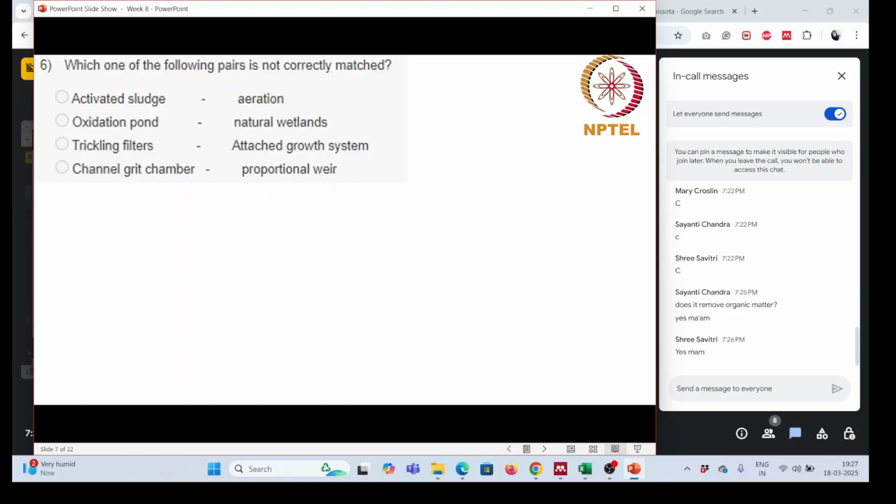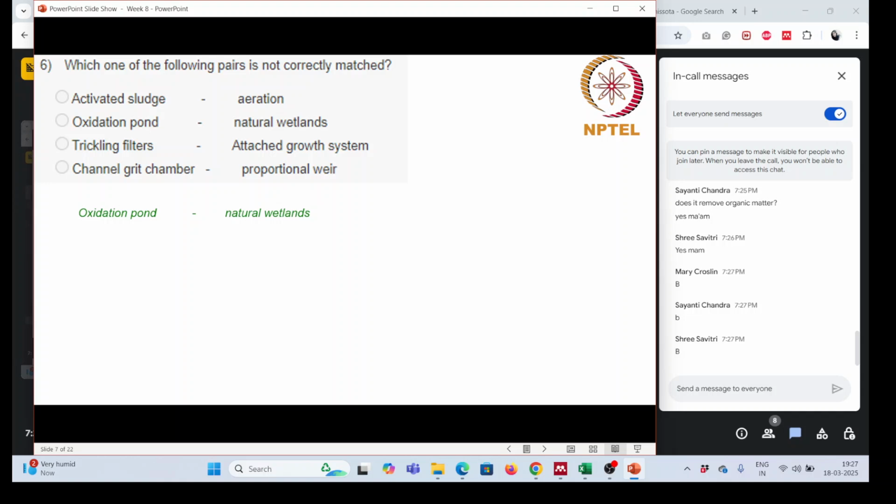So the next question is, which of the following pairs is not correctly matched? Very true, oxidation ponds are not natural, they are man-made. Other things are true.